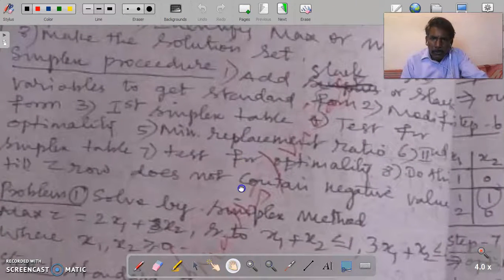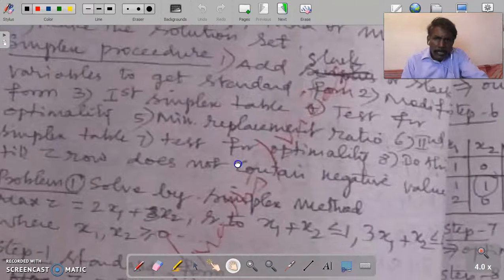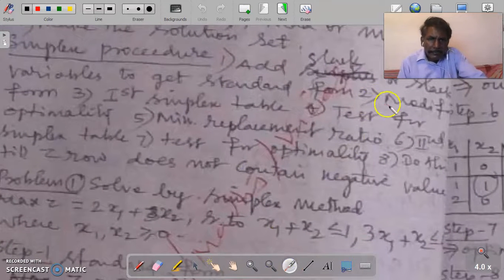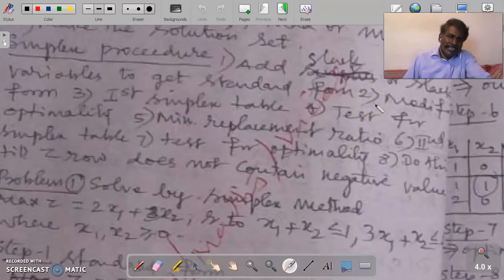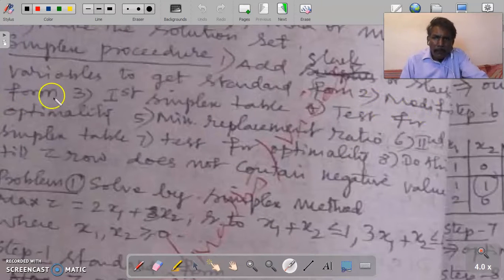Now let's come to the second step. Now we have to write the modified form for the constraints as well as the objective function. Modified form, that is the second step.